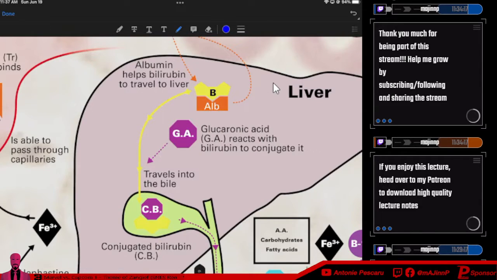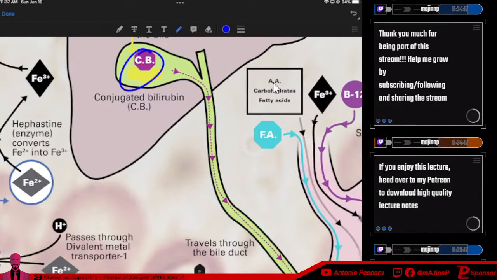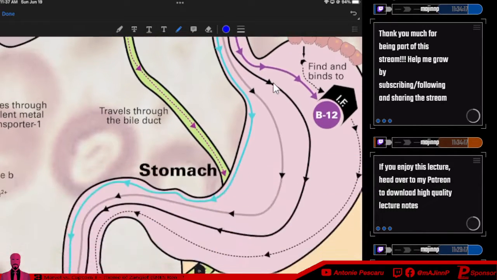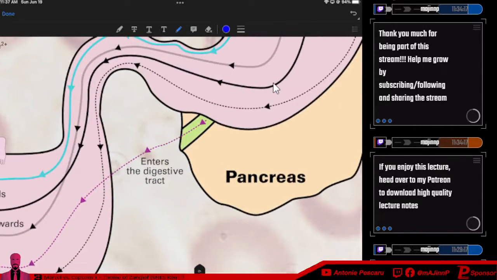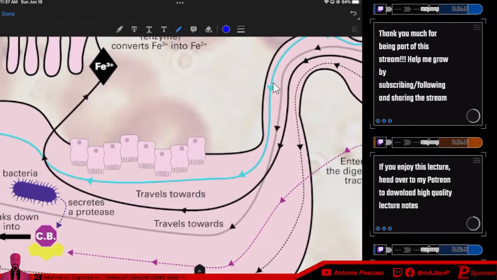Finally, the unconjugated bilirubin gets conjugated with glucuronic acid, and together they make conjugated bilirubin inside of the bile. That bile liquid travels through the duct, goes through the pancreas, and back into the digestive tract.